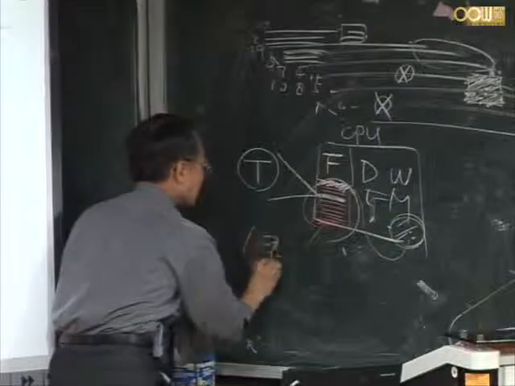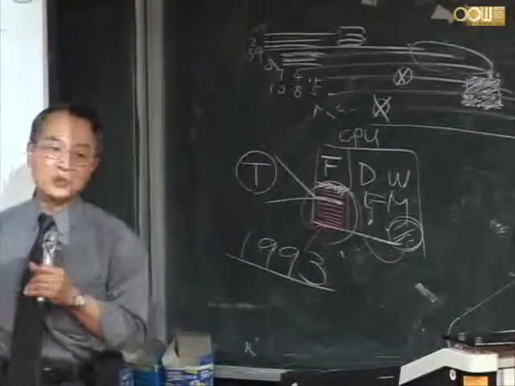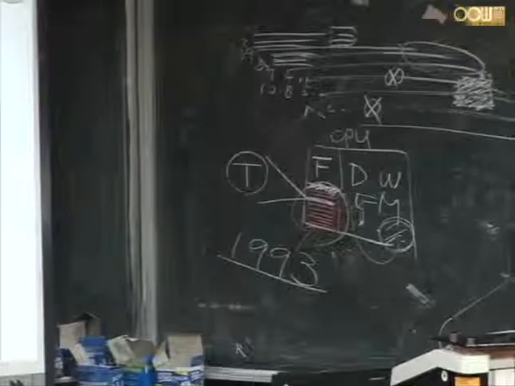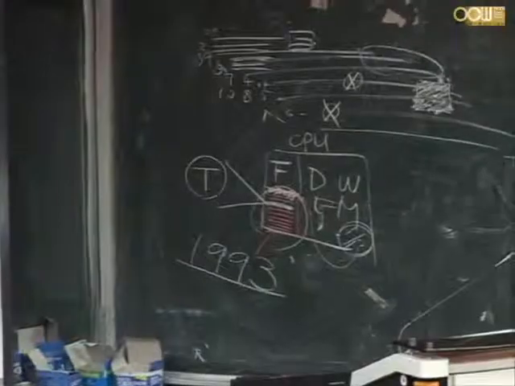In 1993, when the first Pentium processor was released, guess how many basic blocks were in the CPU at the same time? Give me a guess.